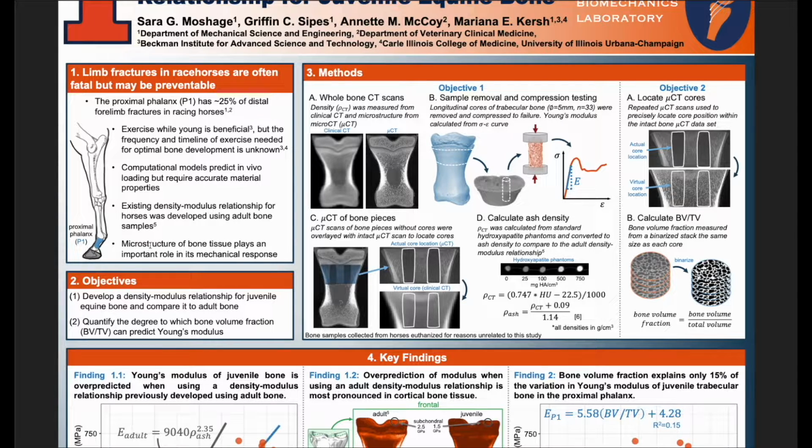In addition, we know that things other than density, such as microstructure, play an important role in determining bone tissue's mechanical response. The objective of this work was to develop a density modulus relationship for juvenile horse bone and compare it to adult bone, and to quantify the degree to which bone volume fraction can predict Young's modulus.